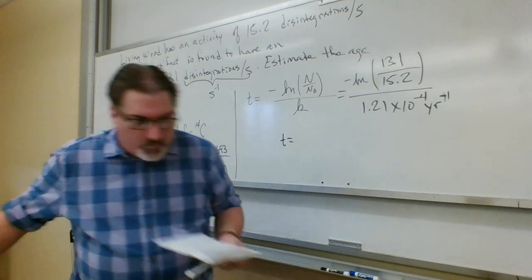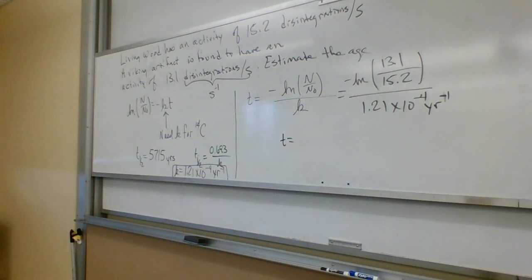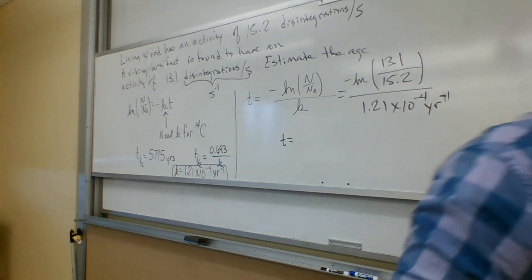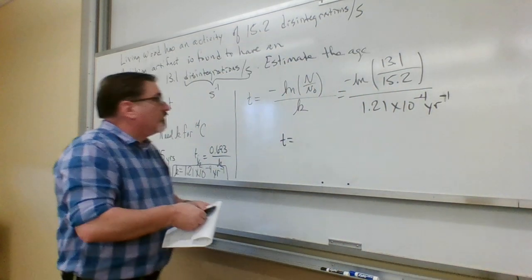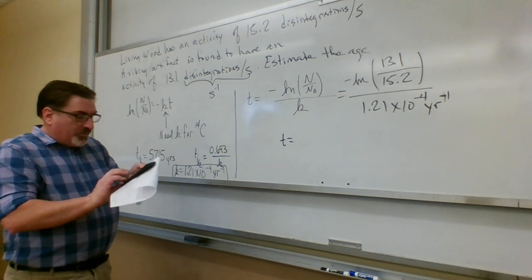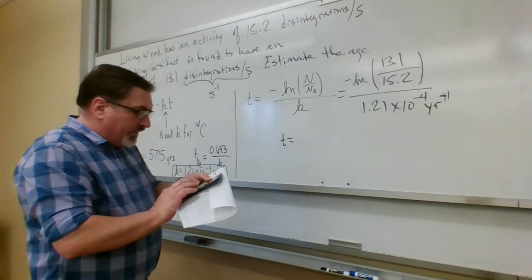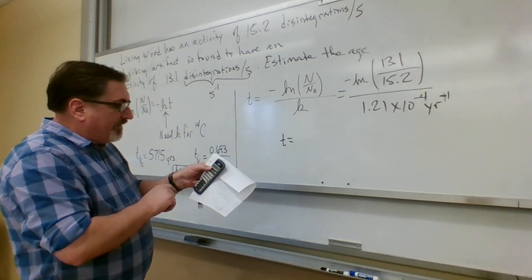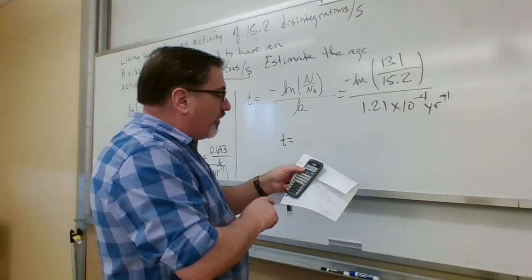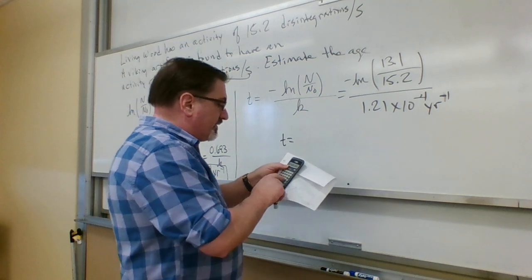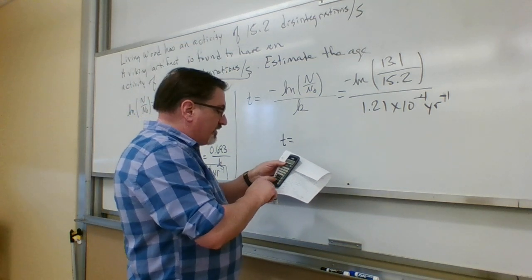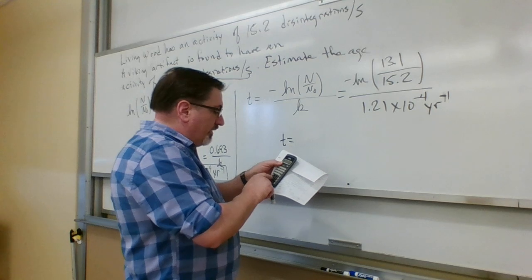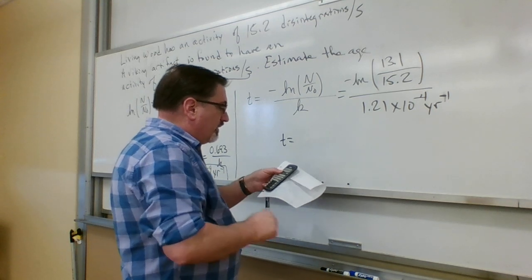And somewhere I have a calculator. There we go. So 13.1 divided by 15.2 equals, natural log of that, and flip the sign. So far I got 1.49 times 10 to the minus first, divided by 1.21 E minus 4.